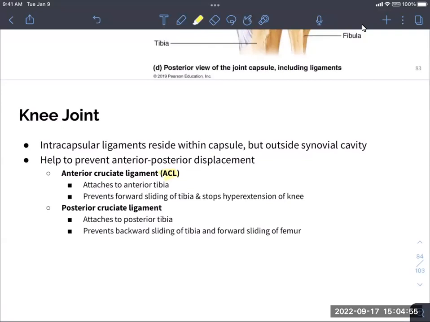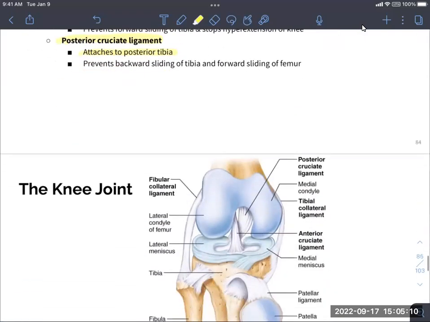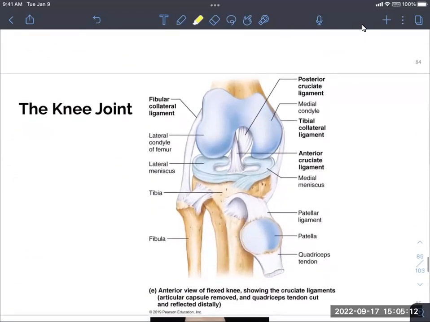And as I said, they're named for where they attach. Anterior cruciate ligament attaches to the anterior portion of the tibia. Posterior cruciate ligament attaches to the posterior portion of the tibia. So here you see that anterior cruciate ligament and that posterior cruciate ligament.